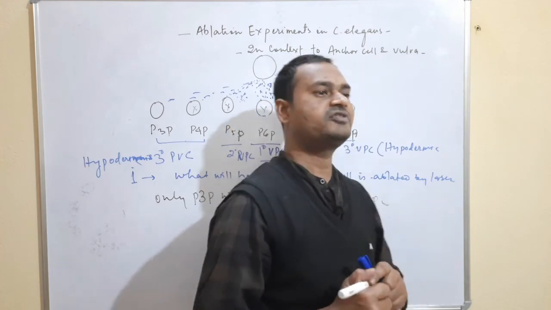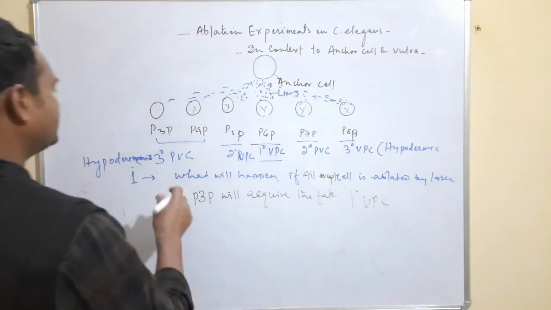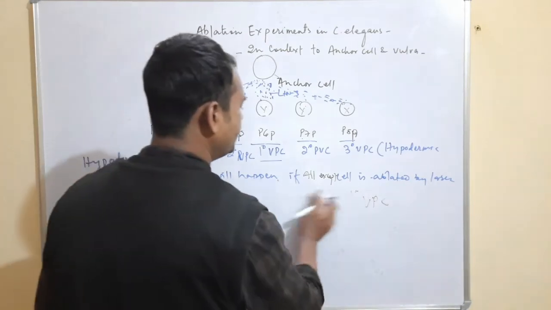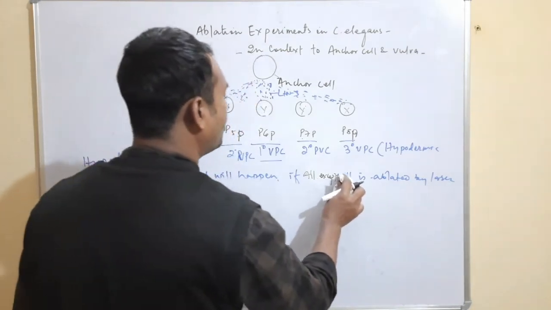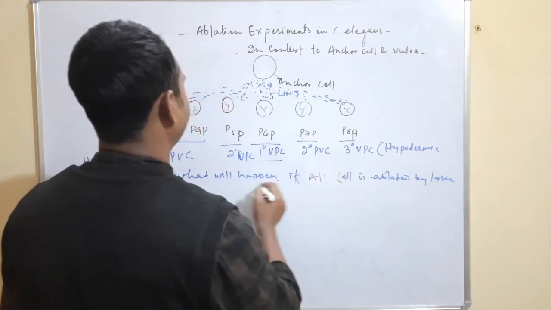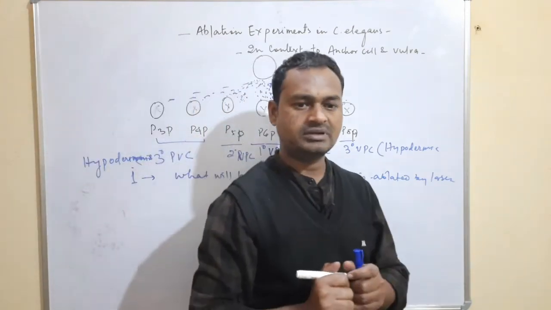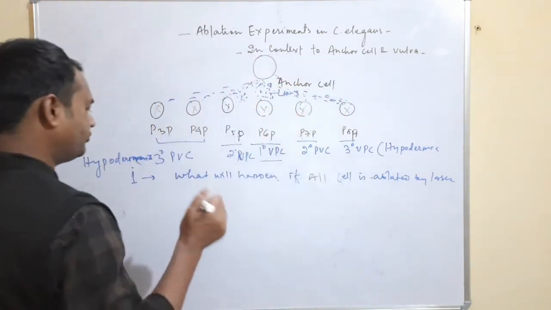Okay, what will happen if all cells are ablated, suppose if P3.p is also ablated, then what will happen? Okay, so there will be no vulva formation.